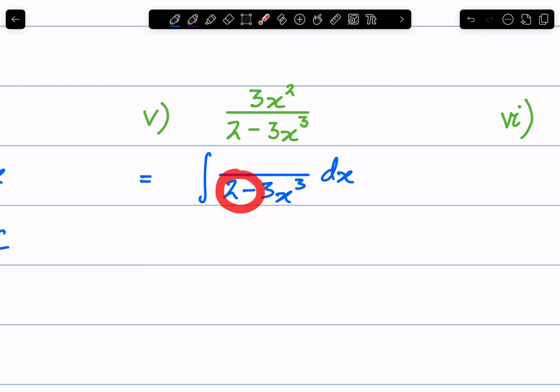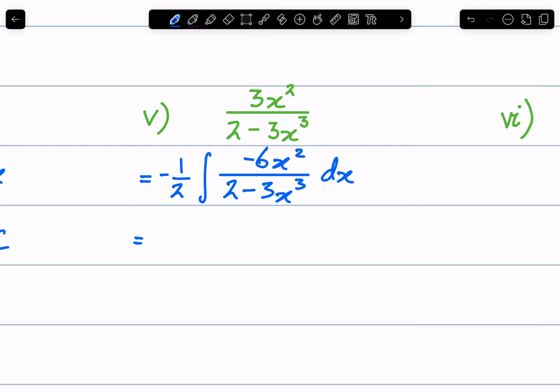So the derivative of 2 is gone, but the derivative of this is going to be negative 6x squared. And once again, I need to multiply all of this so that it is equal to the numerator. We can do that by multiplying by negative half, because negative half times negative 6 brings us back to the 3.